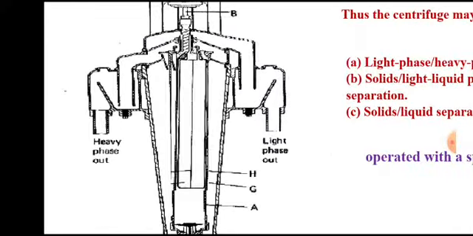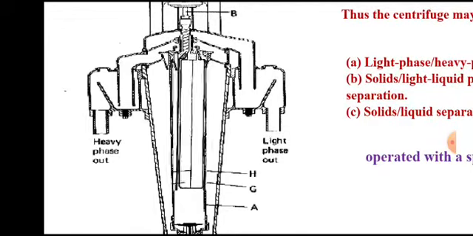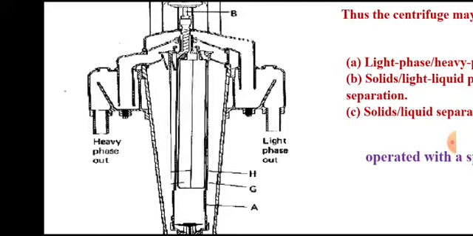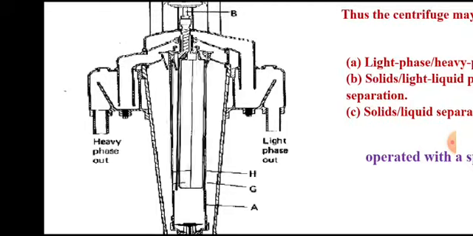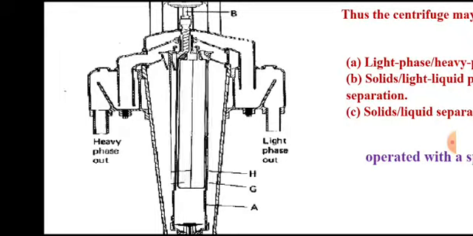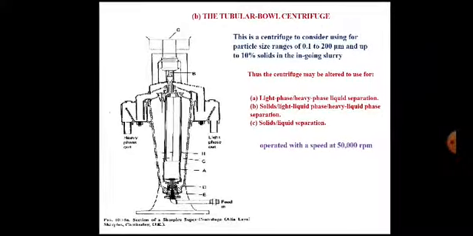You can see here at the center there will be light liquid, due to centrifugal force, and at the periphery outside of this rotor, there will be presence of heavy liquid phase. So this red arrow shows the separation of light liquid, which will be at the center.